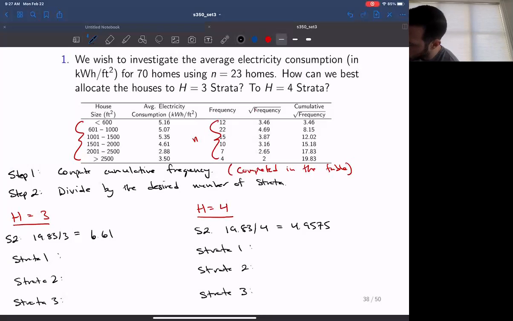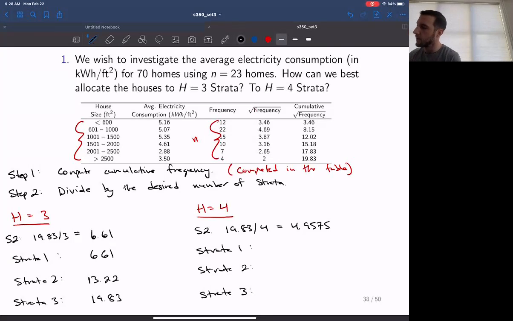Okay, so strata 1, the cutoff is going to be the 6.61. Strata 2, the cutoff is going to be 6.61 plus 6.61. Okay, so that's going to be 13.22. And then strata 3, the cutoff is going to be 6.61 plus 6.61 plus 6.61, which gives the total back.